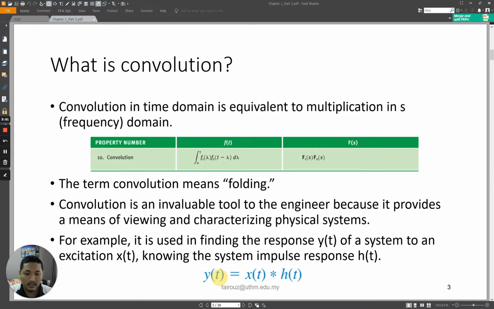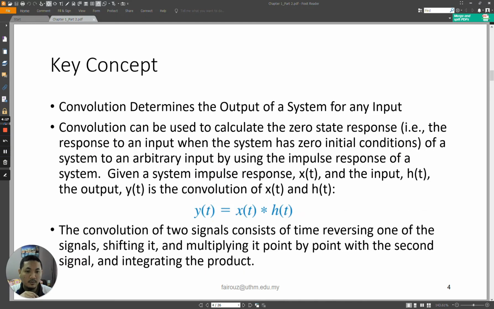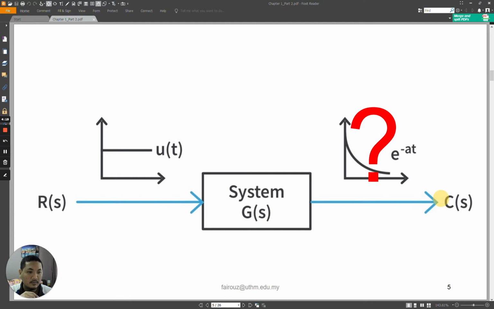And y(t) here is the output of the system, x(t) is the excitation or input to the system, and h(t) is the system impulse response, or the response of the system, or the system itself. So if we want to know the output, you convolve the input with the system.